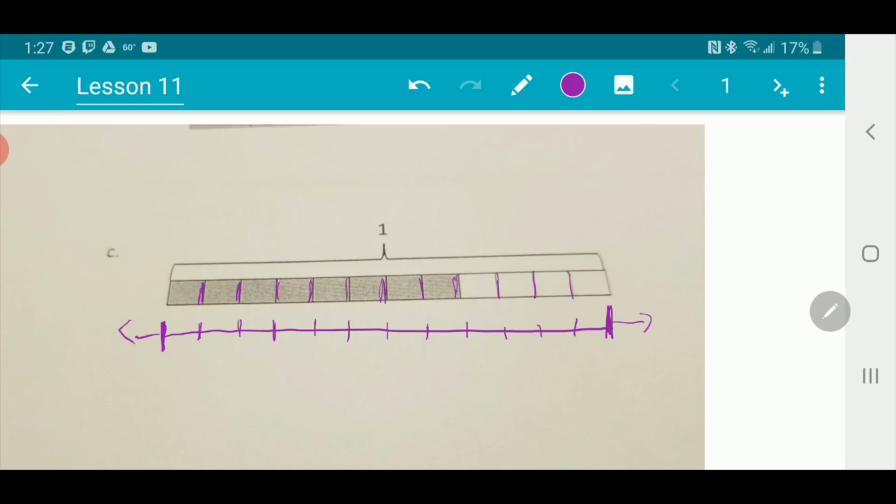There you go. And then we're going to count how many parts we have. 1, 2, 3, 4, 5, 6, 7, 8, 9, 10, 11, 12. So that's our denominator. So I'm going to put that by each of these tick marks. And this one's a little trickier just because there's so many tick marks. You got to make sure you have them all labeled.